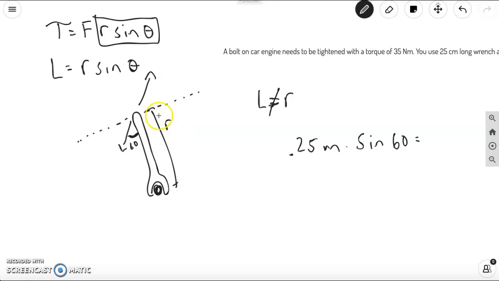Okay. Just really quickly so that you can understand why we're using sine theta. If you look at this picture, you see that we're starting to form a triangle here between the length of the wrench and this side and this here, which would be the lever arm. So if we assume that the wrench is going to be the hypotenuse, which it is, and we make a 90-degree angle here, this is going to be our lever arm.